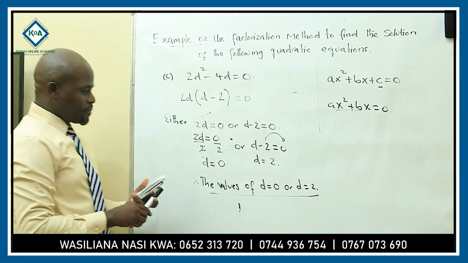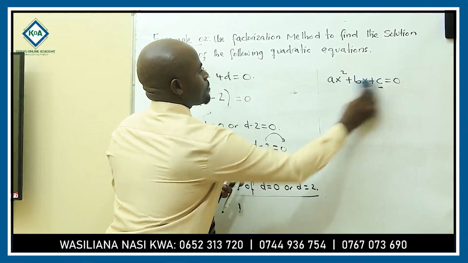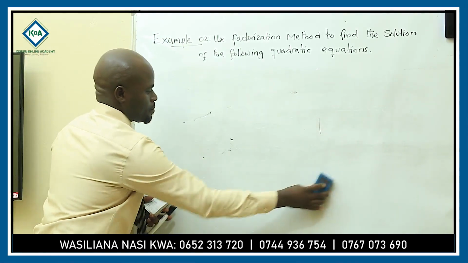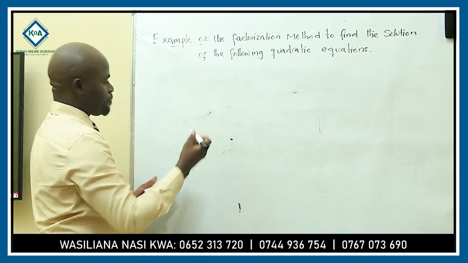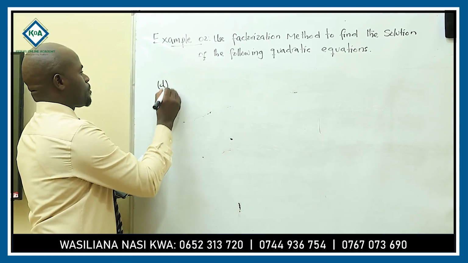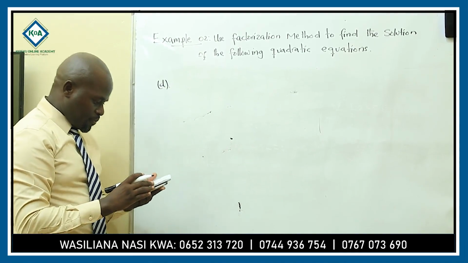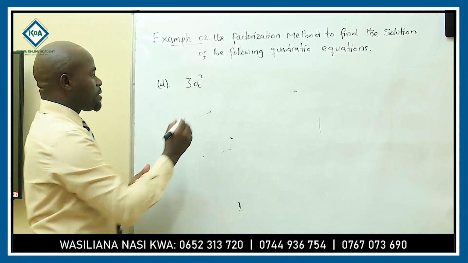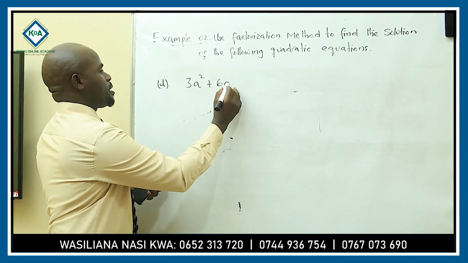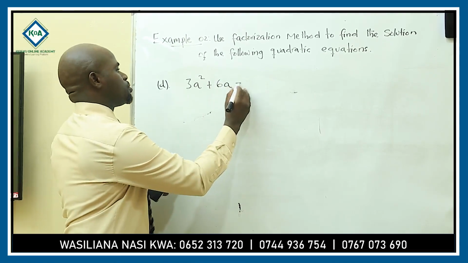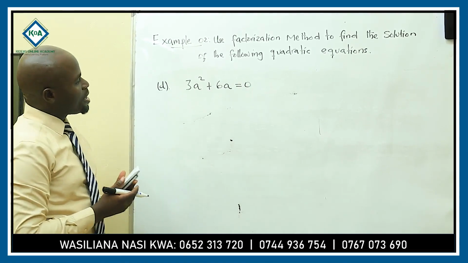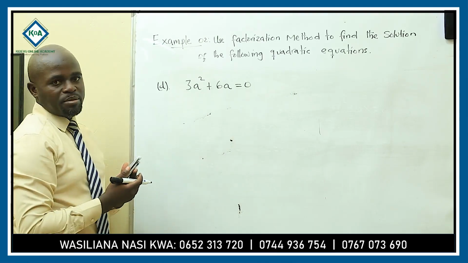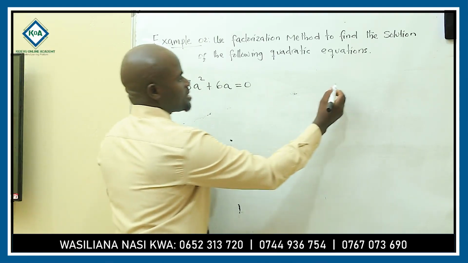Number 2d, it is 3a squared plus 6a is equal to 0. 3a squared plus 6a is equal to 0. Yes, also this is missing c.